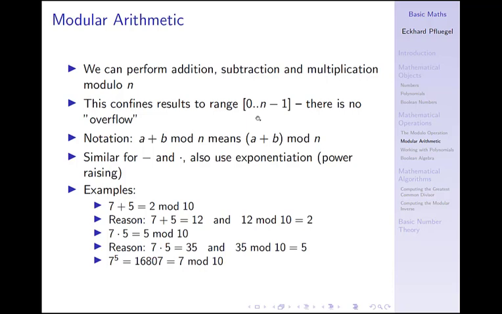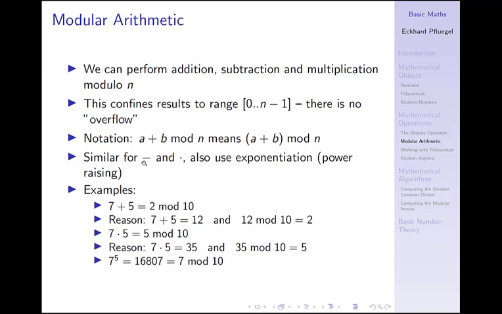And then in terms of notation, we simply write a plus b mod n. What this means is to take first the sum of a plus b, and then take that result modulo n.